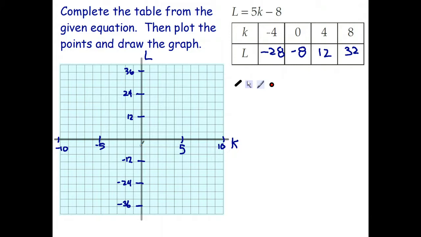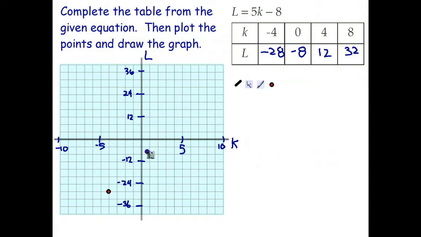Okie dokie, let's go ahead and plot the points. So negative 4, negative 28. Negative 4 is there. Negative 28, well, that's negative 24, and another 4, negative 28 is just there. 0, negative 8.